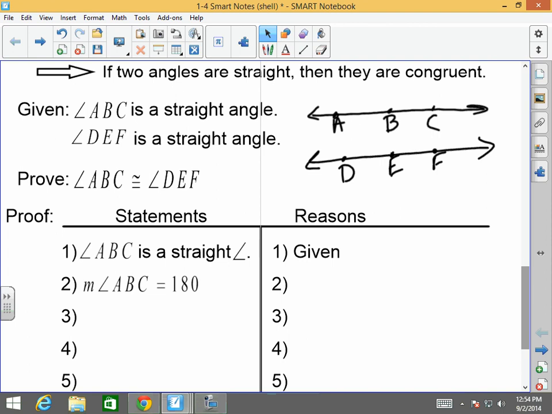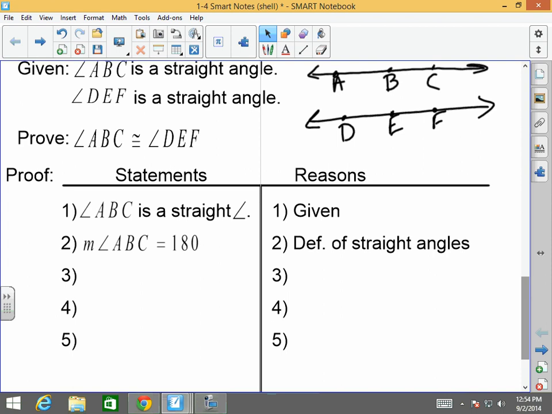Why, my brothers? Why? Thank you. Definition of a straight angle. Now, if you wanted to, you could say, if an angle is a straight angle, then its measure is 180 degrees. You can do that, but I'm not here to torture you. I want you to already know that definition. Oh yeah, straight angle has to equal 180. So the reason that angle ABC equals 180 degrees is because definition of straight angles.